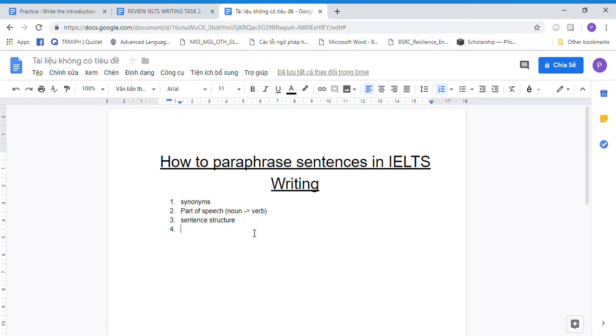I'm sorry, there's a small problem. So clauses, different clauses. And the fifth is to use synonyms, this part, antonyms as well.